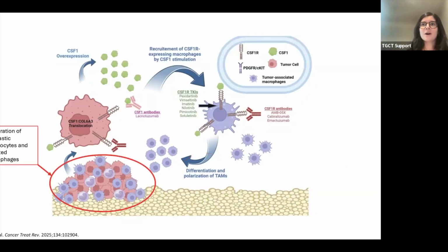All right, and so this all ends with a proliferation of your synovial cells that have the translocation. Those are the truly neoplastic cells, and the macrophages that come in have essentially been recruited. So you get a mixture of both neoplastic cells and immune cells that are recruited into making your tumor proliferate and essentially grow and cause the downstream symptoms that patients experience.